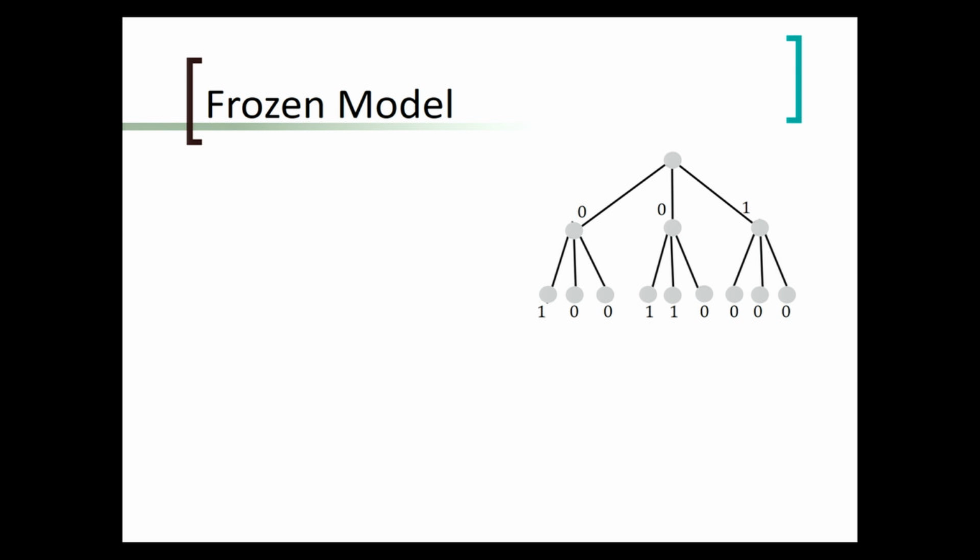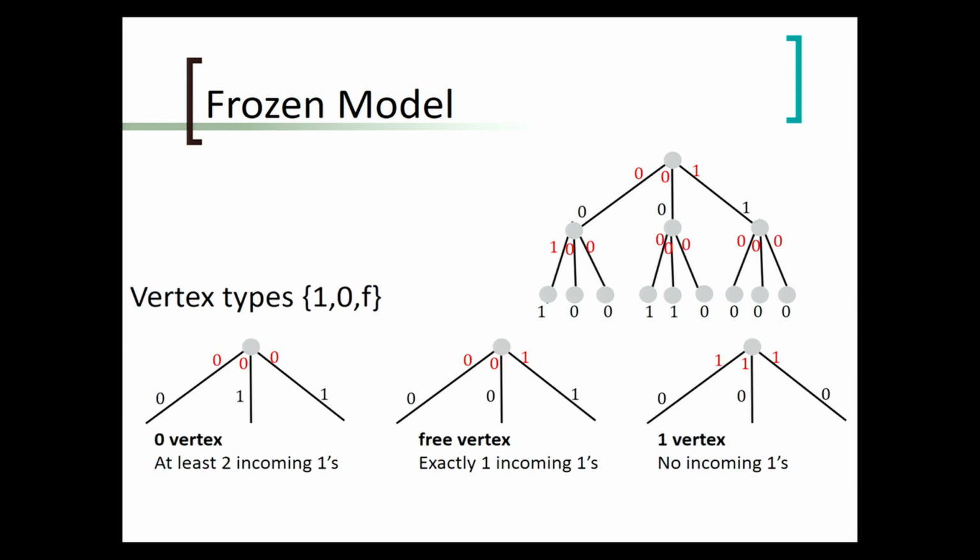This is all the messages going up the tree, but you can also work out the messages going down the tree. And what you find is you get 3 different types of vertices, which I'll call 0, 1, and free. What they correspond to is essentially groups of locally maximal independent sets.